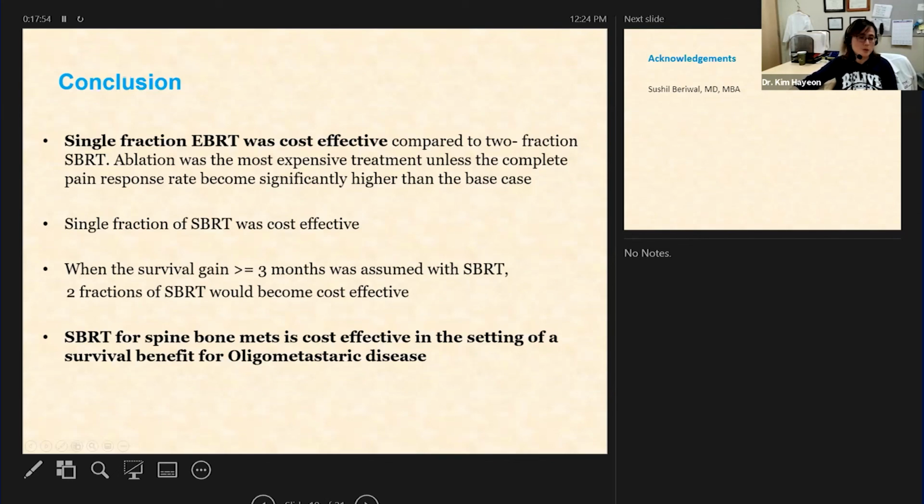Therefore, SBRT for spine bone mets is cost effective in the setting of a survival benefit for oligomets disease. Actually, in the previous couple of talks, as I remember, it was also emphasized that a well-selected patient group for SBRT is important. My analysis is in the same line with that.